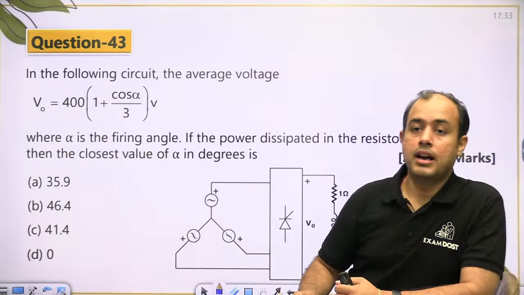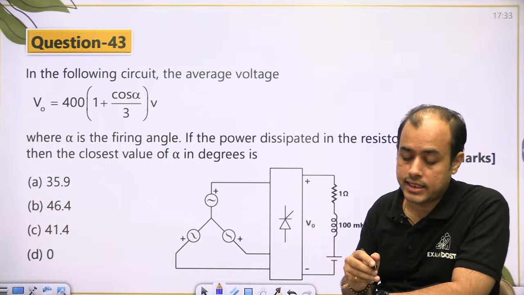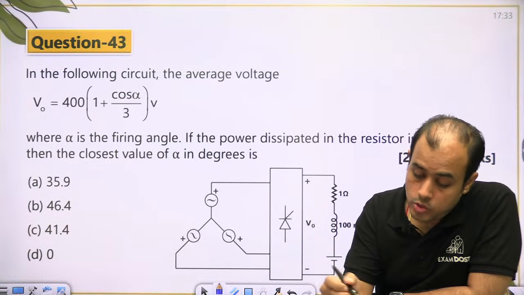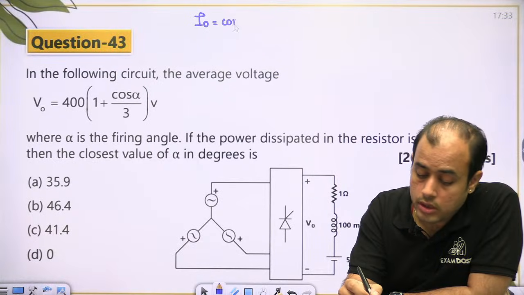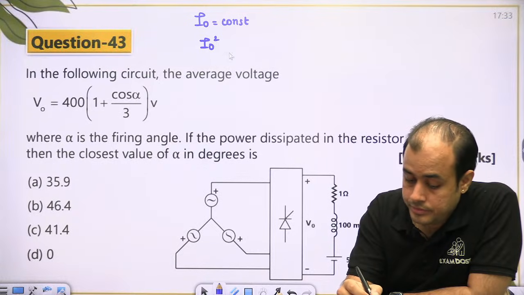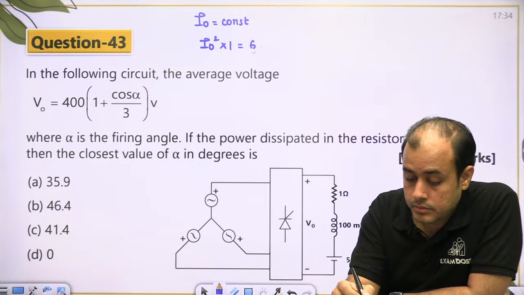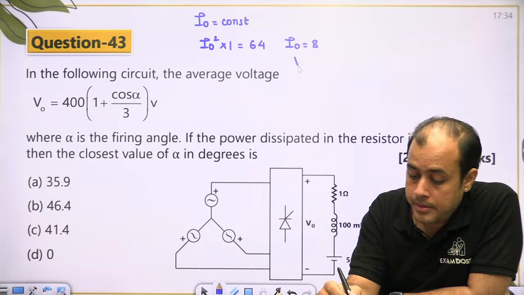Now beta, until they give you beta, you have to assume highly inductive load. So you have to say that I naught is constant. So I naught will be 8.